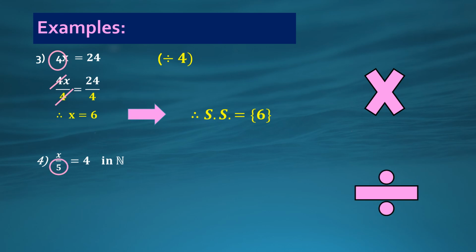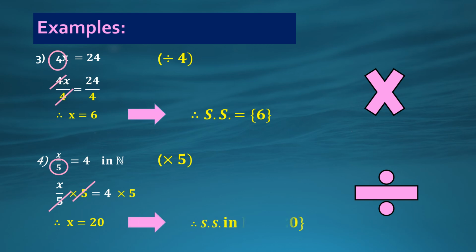And remember, you have to multiply both sides by this number. So x over 5 multiplied by 5 equals 4 times 5. And you will simplify the left side to be equal to x and the right side will be equal to 20. The solution set here for this equation will be equal to the set of 20.